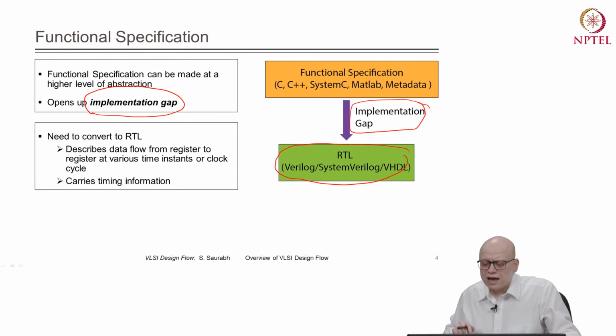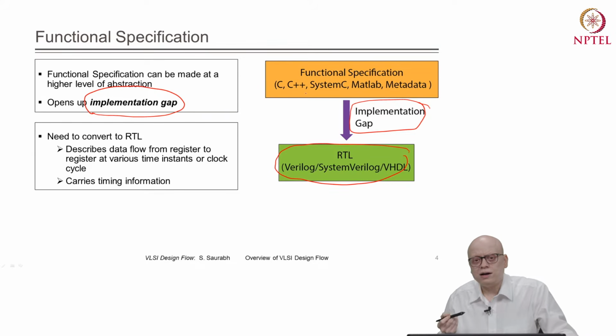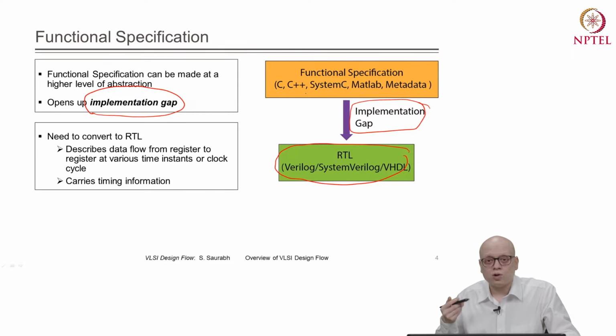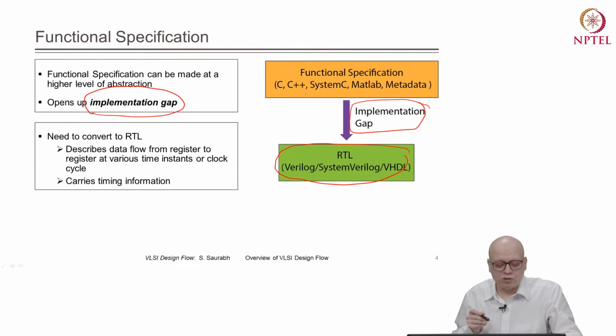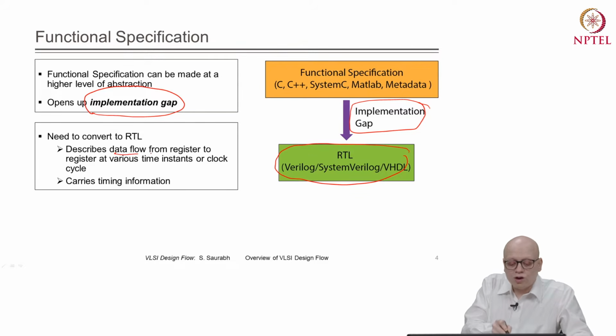Why? Because when we describe a functionality in a high level language, typically we do not have information of timing, meaning in which clock cycles a given task needs to be performed, right? But when we want to get an RTL out of it, we need to describe the design in terms of how the data flows from register to register at various instants or clock cycles.